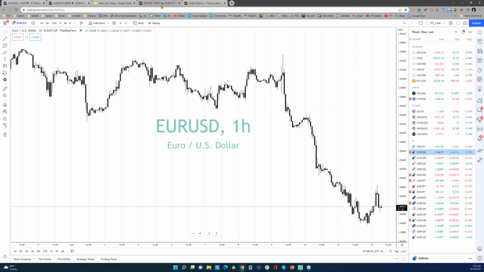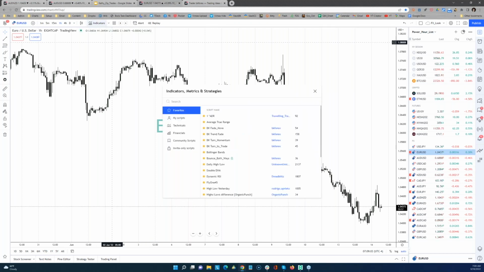So what happens is, in order to get a proprietary private script, usually somebody has to invite you to that script. If you were to join our trading room, you would be given an invitation to the script. Where that would show up is in your invite-only scripts. You would click on the indicators.